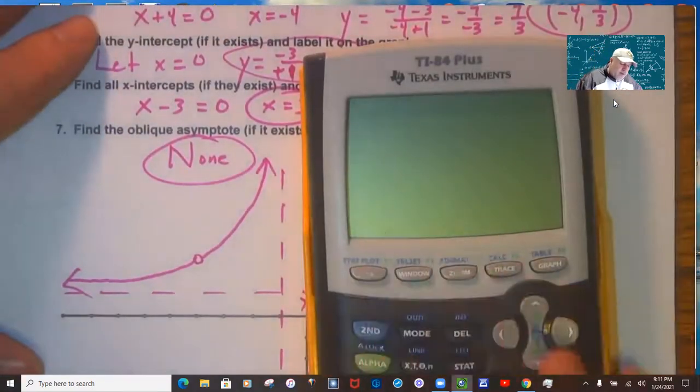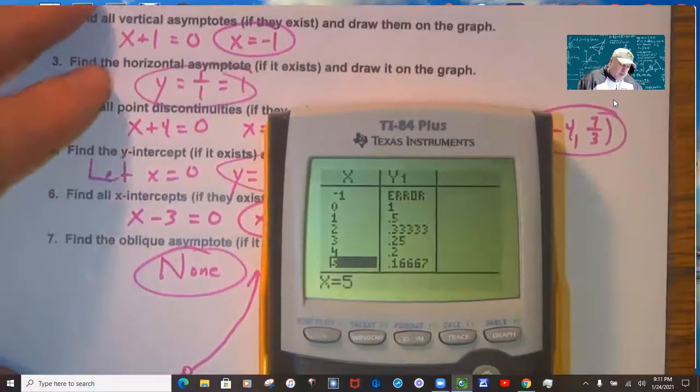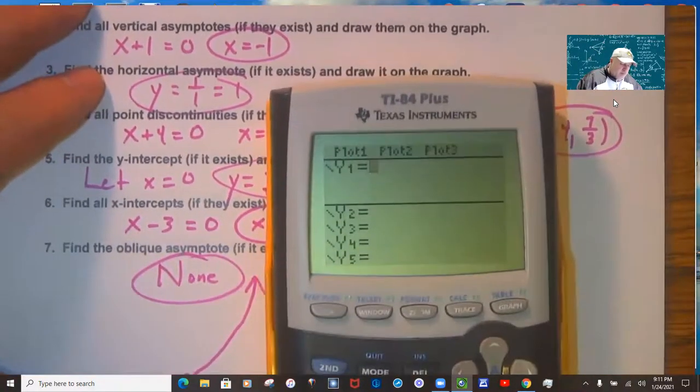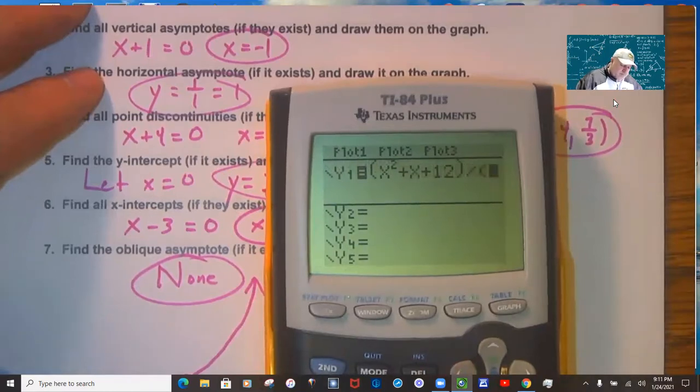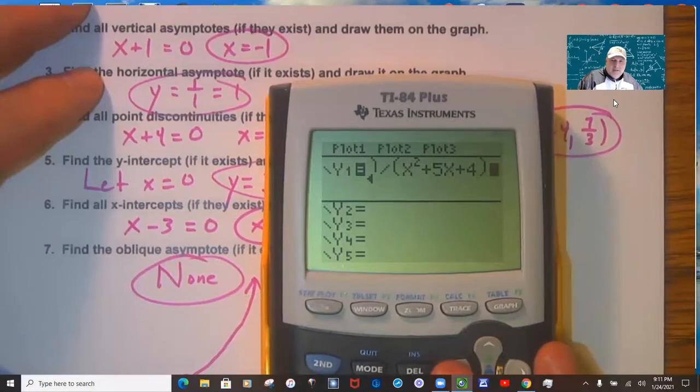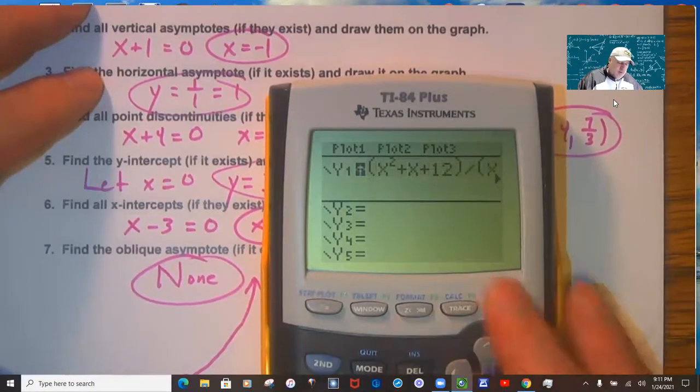So again, you can get all these to show. You have to put in the original guy, plus 5x plus 4. Make sure you use parentheses. You can use the fraction input thing also. That's really what you should be doing.